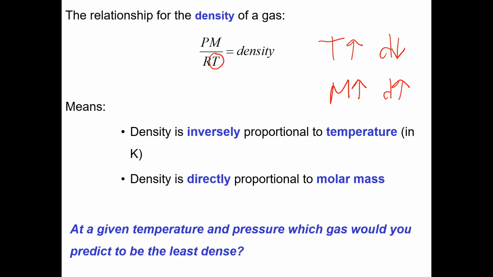So that's really saying that density is directly proportional to molar mass. So if the temperature was fixed and the pressure was fixed, what gas would we predict to be the least dense? Well, we would predict the gas that has the lowest molar mass. And that, of course, is hydrogen with a molar mass of 2.02 grams per mole.